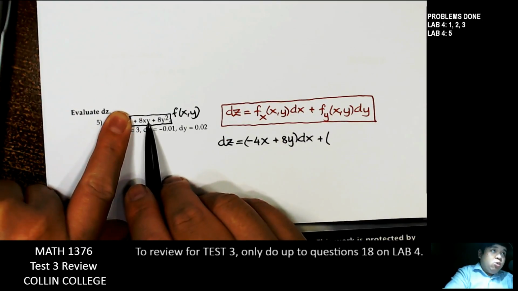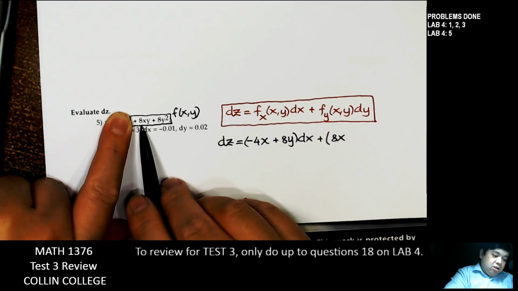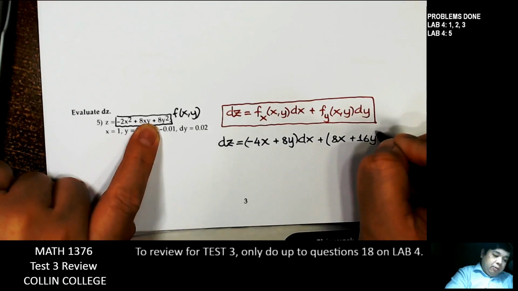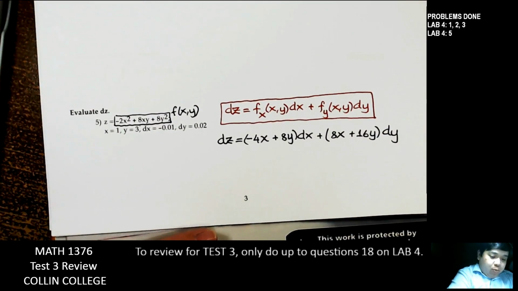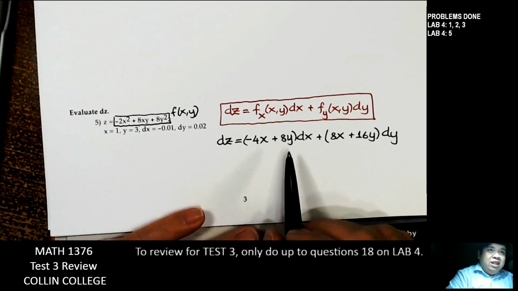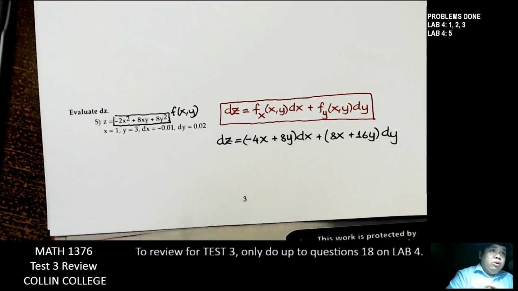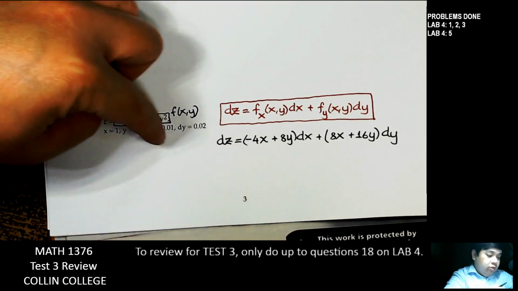Derivative of y is 1, so we just have 8x as a constant. 8y will be 16y dy. Right. So just partial derivative, and then we stick the dx with derivative with respect to x, and dy to derivative with respect to y, and then we just put in all the values here.